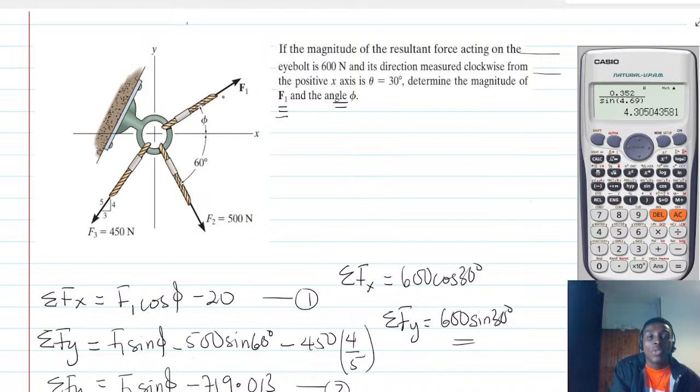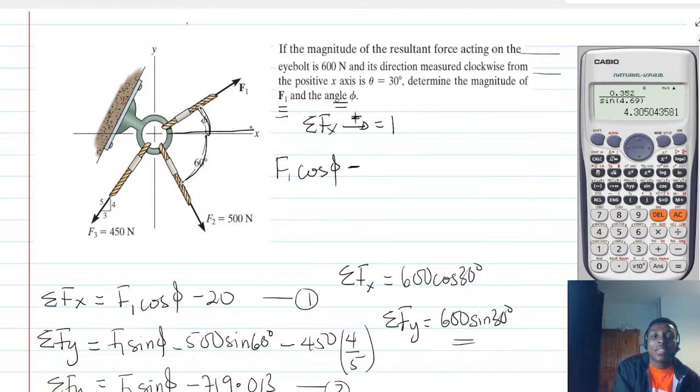So you are just going to resolve it. Looking at the forces along the x, every force on this side is positive. So F1 cosine phi, and then F2 is making an angle of 60 with the x, so plus 500 cosine 60.